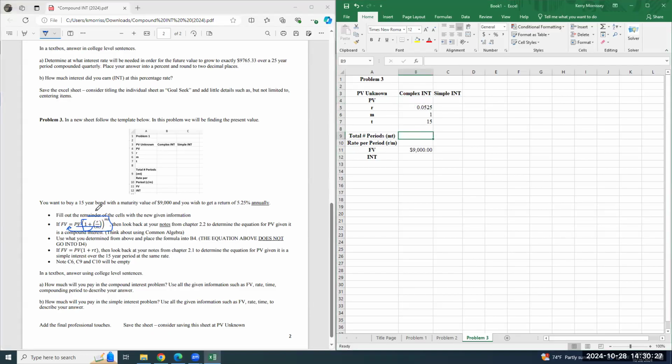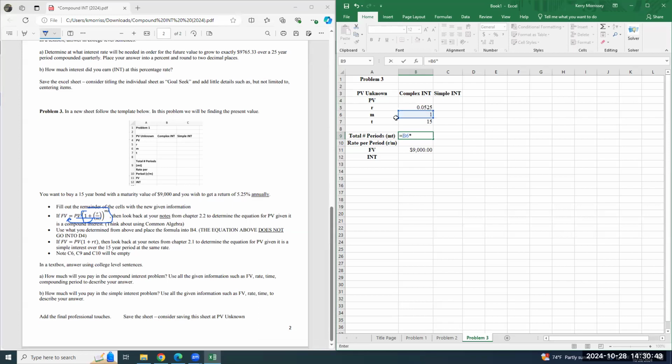Now, before we get to that, notice that it says R over M, M and T. That is referring to the total number of periods and your rate per period. It says M times T. Well, your M is here times your T value here. And then you have your rate per period right here, R divided by M.